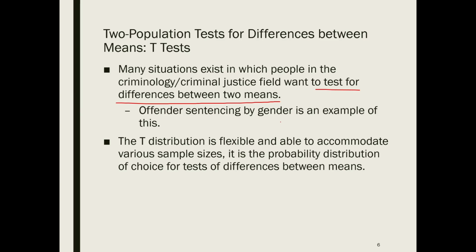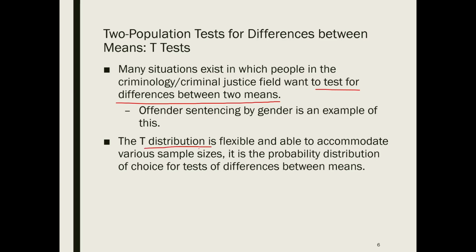We are interested in comparing the means of two populations to see if there is a significant difference between them. And because we often don't have a very large sample, we usually use the t-distribution.